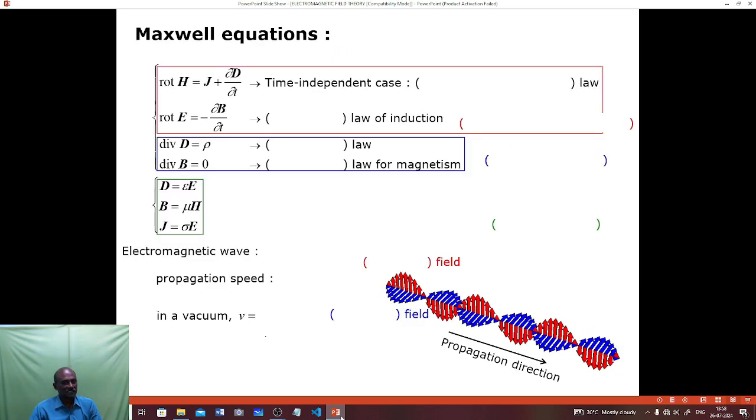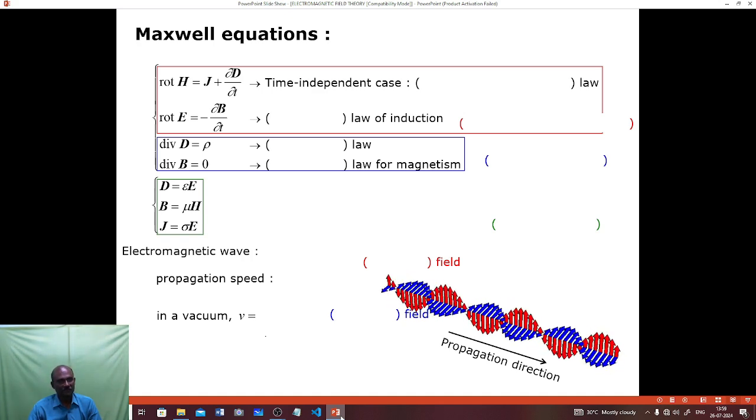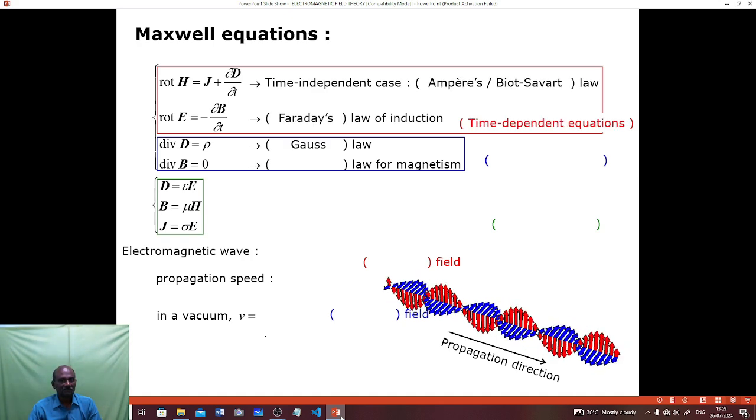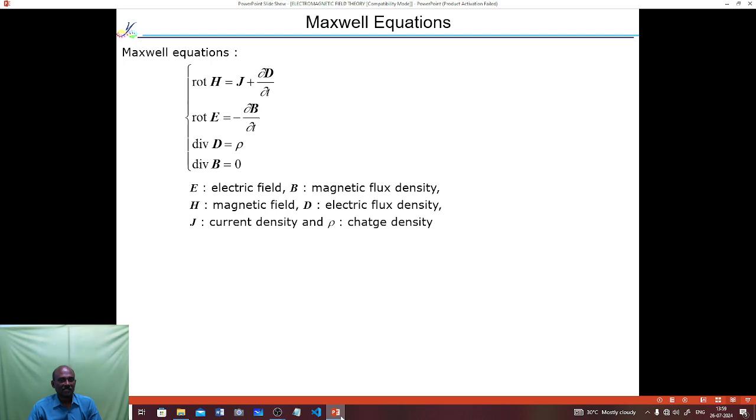And Maxwell's equations. Maxwell's equations give the solution for electromagnetic waves. So they are partial differential as well as integral equations. By solving these equations, we can find various parameters of electromagnetic waves. So using Faraday's law, Gauss's law, Ampere's law, the equations are derived, giving the relation between the two types of fields, electric as well as magnetic fields.